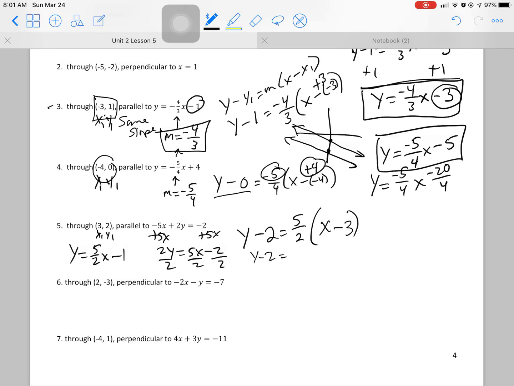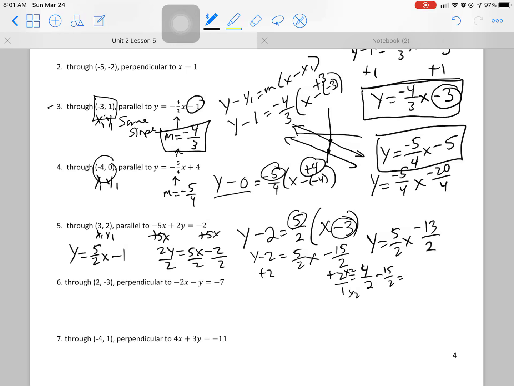So y minus 2 equals 5/2 times x minus negative 3. Negative 3 times a 5 is negative 15 over 2. Add 2 to both sides. Y equals 5 over 2x. Let's see, 2 equals what in terms of 2's? 4 over 2. 4 over 2 minus 15 over 2 equals negative 13 over 2. No, can't add. That's a 1. Negative 11 over 2? I believe so. Negative 11 over 2.